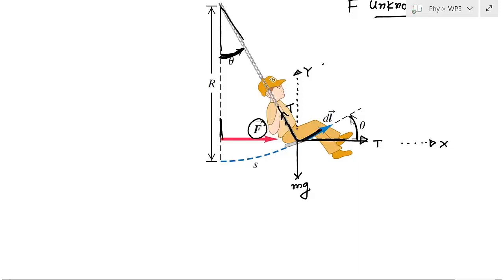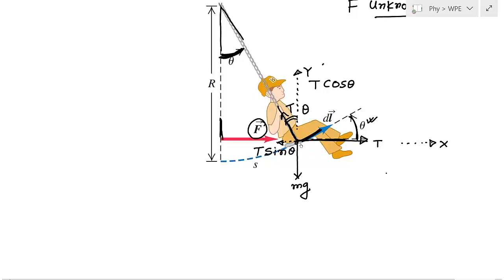So angle between lines is equal to angle between perpendiculars. So this angle is also theta. So the tension component in the y direction will be T cos theta, and in the negative side of x we will have T sin theta. So this is the force component.